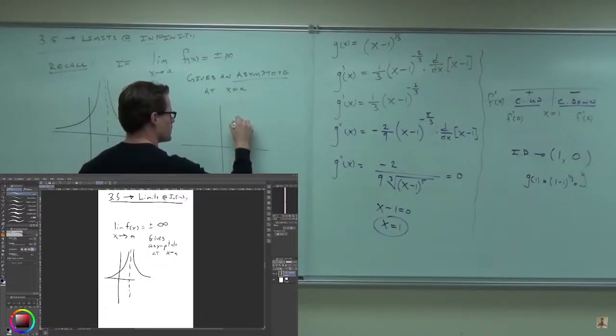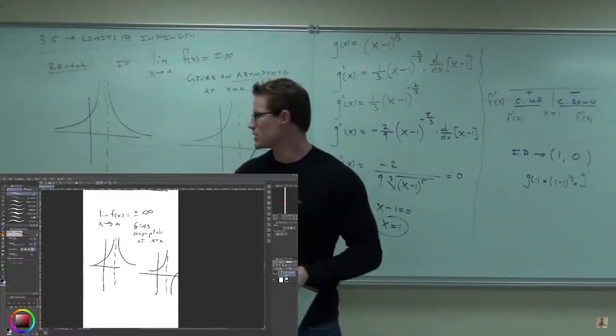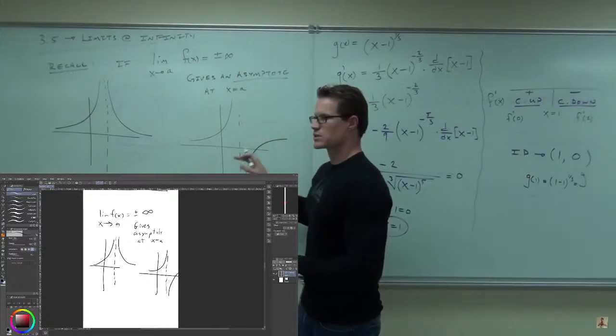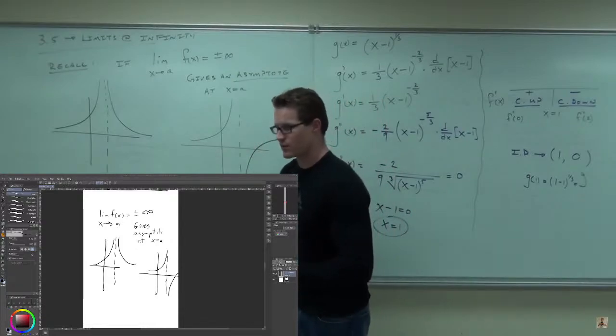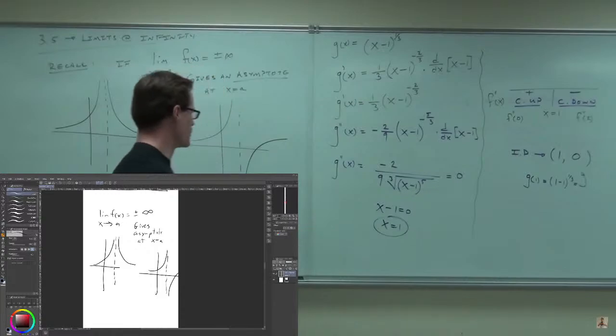The limit was positive infinity there. Or we had this case, where one went up and another went down, so that limit would not exist. One's going to positive infinity from the left, one's going to negative infinity from the right.